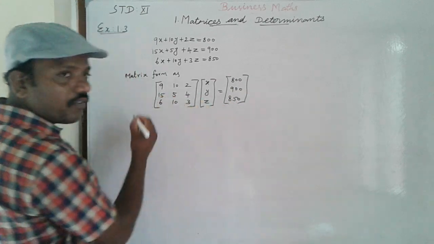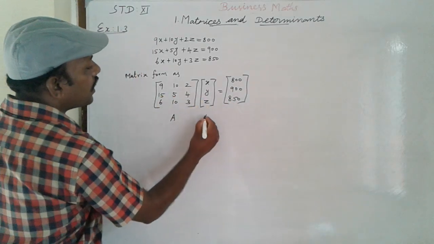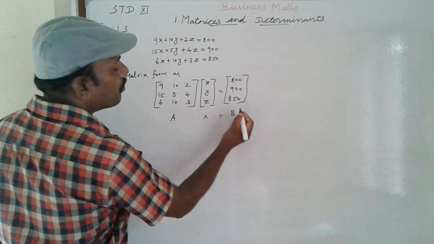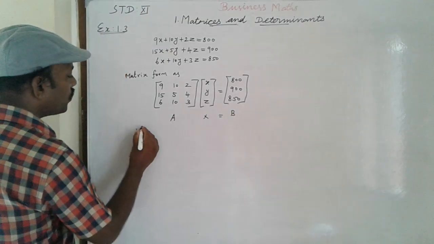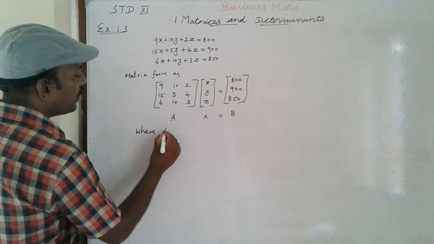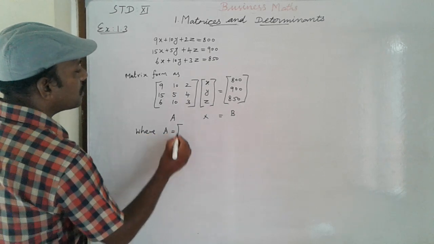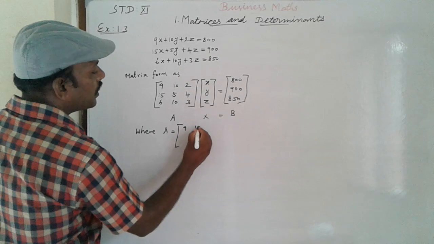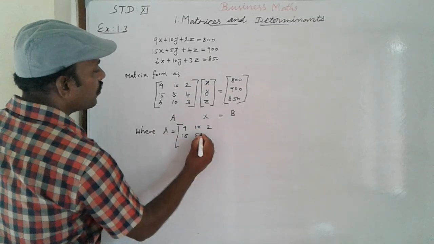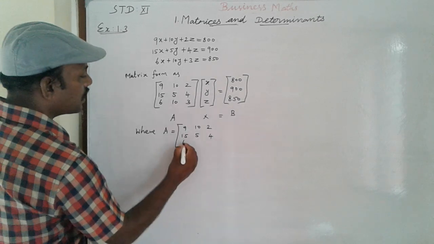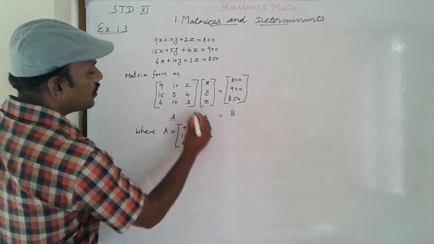It is in the form of AX equal to B, where A equal to the matrix 9, 10, 2, 15, 5, 4, 6, 10, 3.